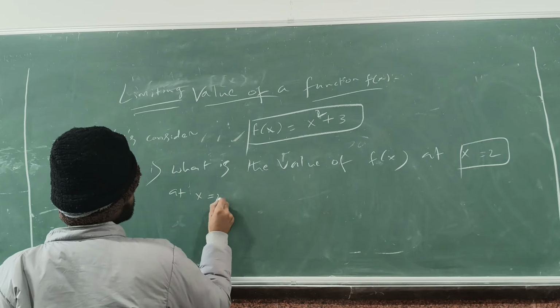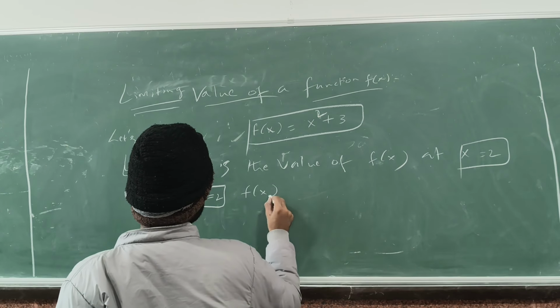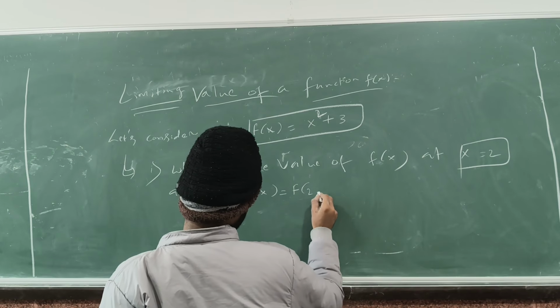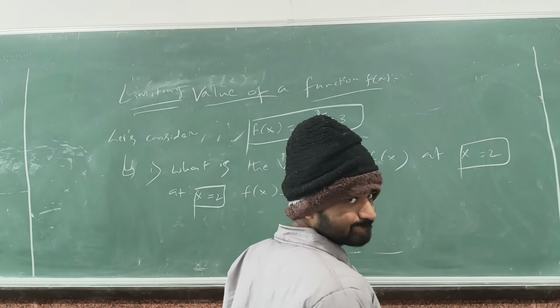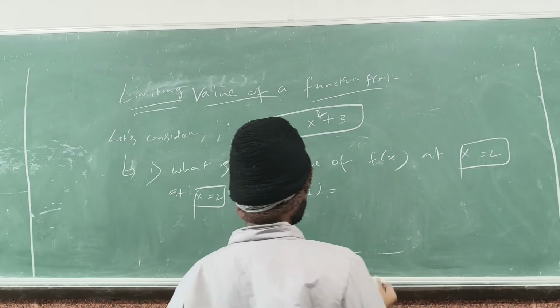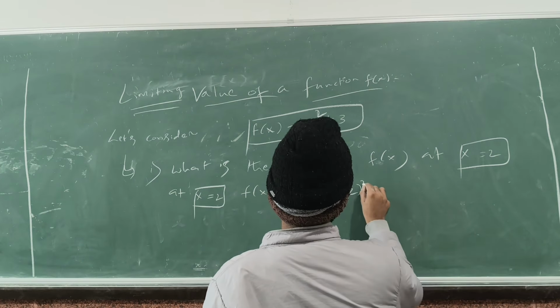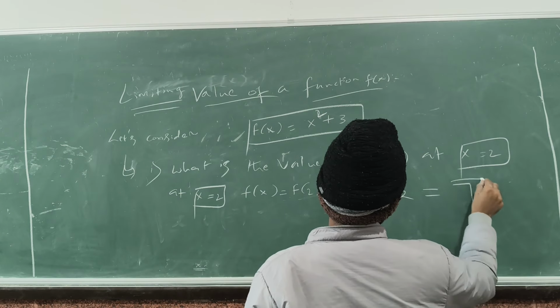At x equals 2, f of x equals f of 2, from the equation we can substitute 2 there, 2 square plus 3, which gives 7.